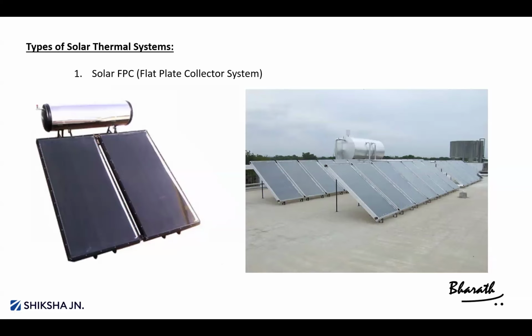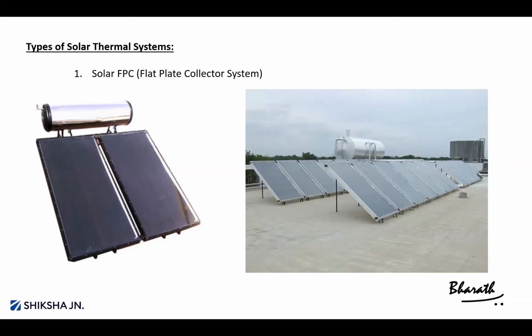So these are the major differences. Suppose any building or any commercial hotel, if they have a pressurized water pumping system, where some booster pumps are installed to maintain the pressure in all taps, there we have to use FPC.